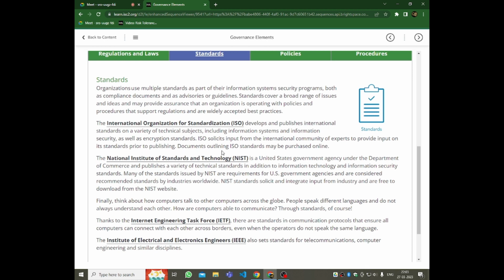Documents outlining ISO standards may be purchased online.